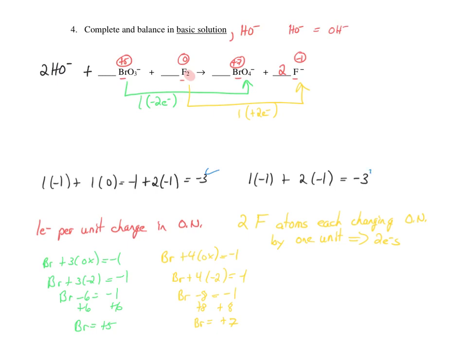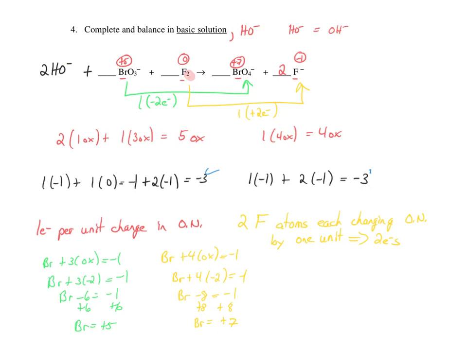The next step is to balance the oxygens with water. Looking at the oxygens, we have 2 oxygens from the hydroxide, 3 oxygens from the bromate ion, so a total of 5 oxygens on the reactant side. On the product side, we have 4 oxygens from the perbromate ion.